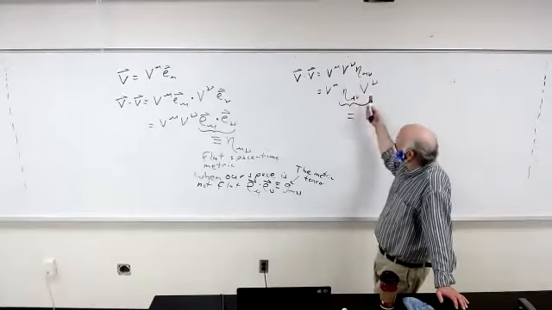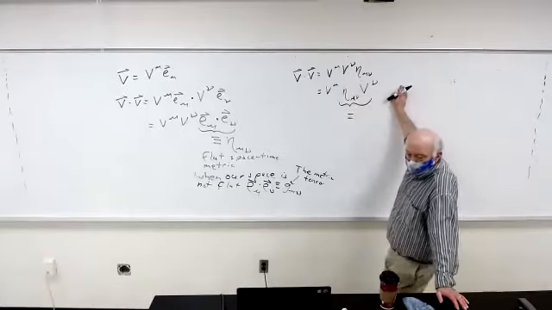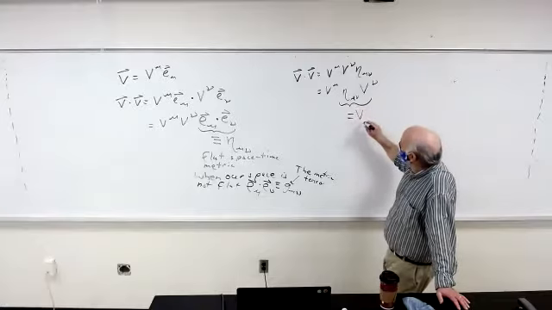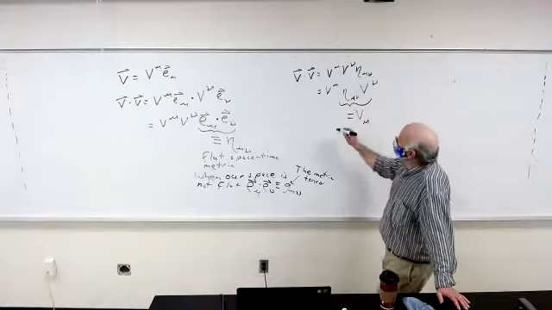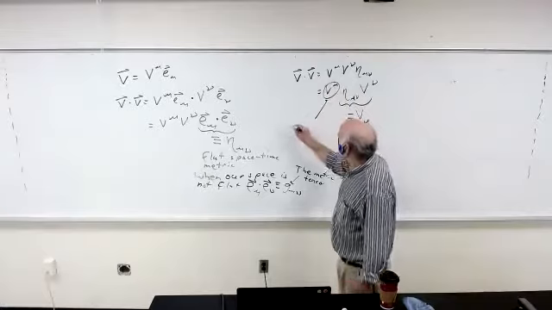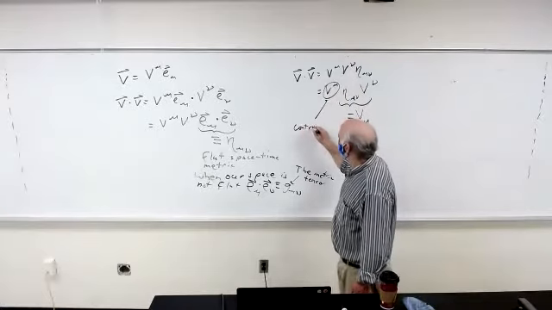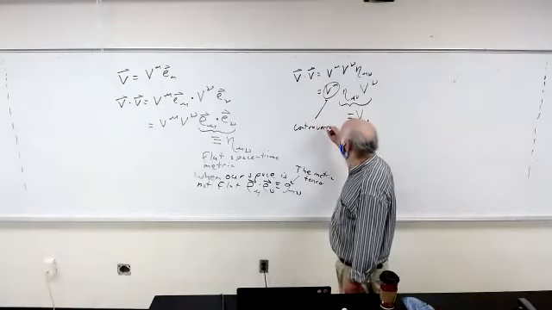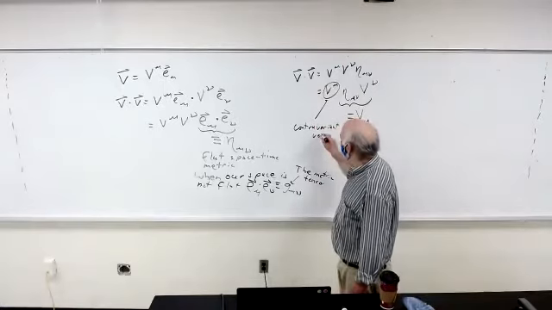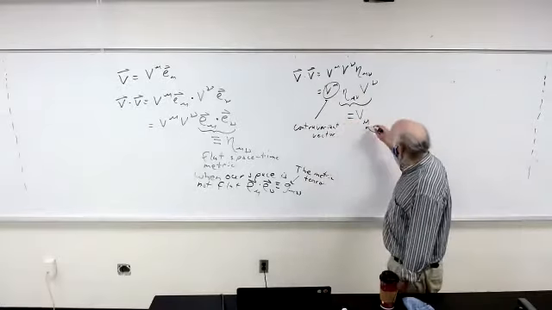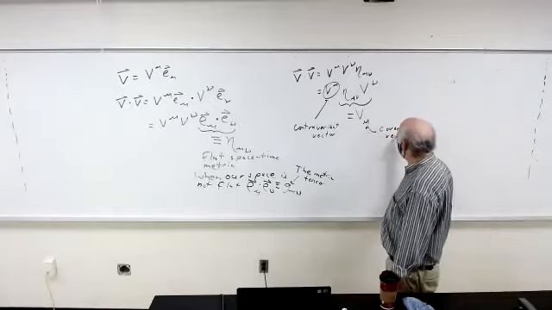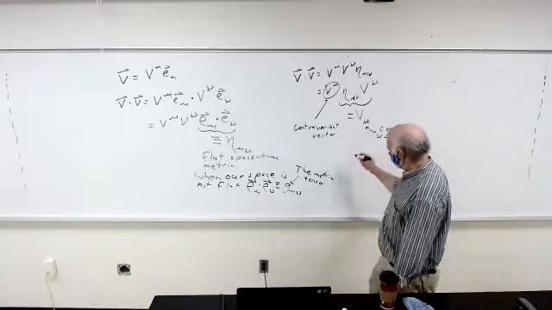What did we say about this combination? That's going to be V mu with a lowercase. So this is our contravariant vector. This right here is our covariant vector.